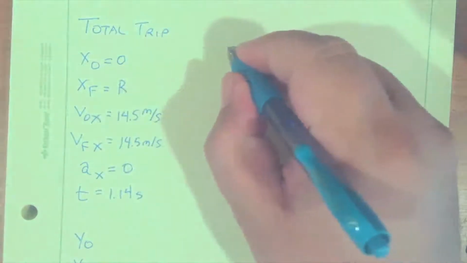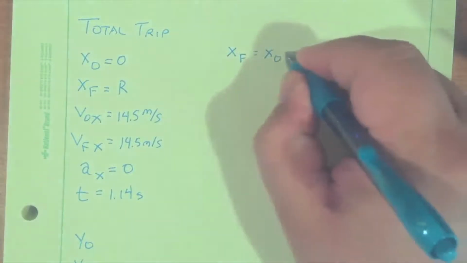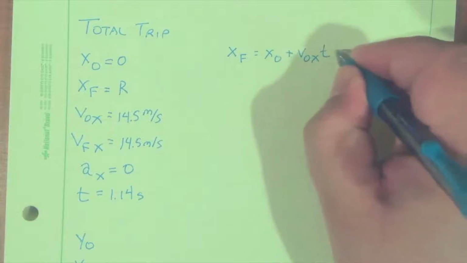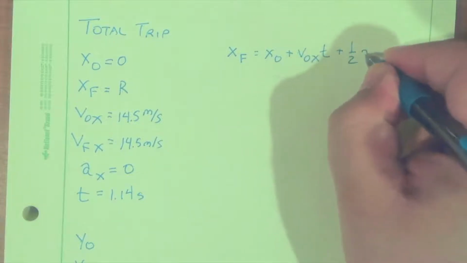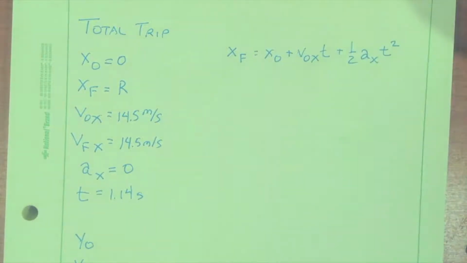And so we will try the second kinematics equation. Notice that this is specifically the second kinematics equation for the x motion, the horizontal motion, and we signify that by using all these subscripts.